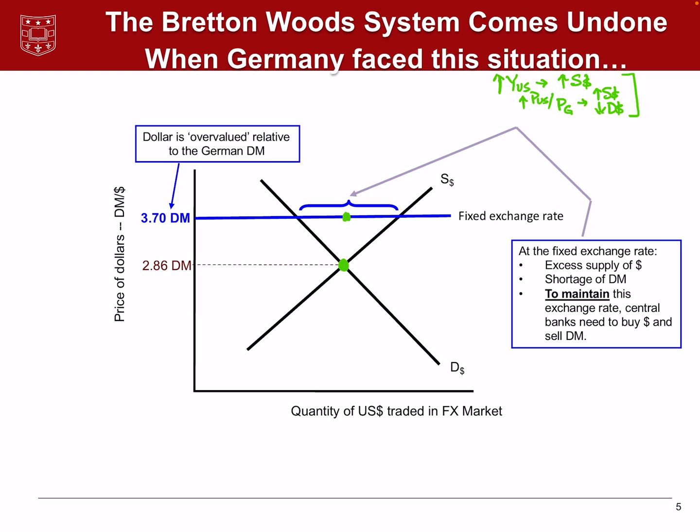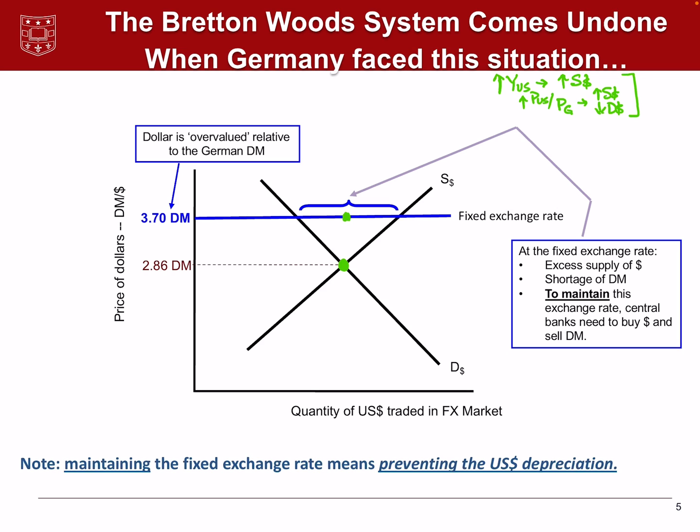And again, to repeat what we saw in previous notes, what do we mean by that? What does overvalued mean? Overvalued means we have an excess supply of dollars at that fixed exchange rate. And conversely, if we have too many dollars in circulation, it's relative to what? Well, relative to Deutschmark. So there's a relative shortage of Deutschmark. And if we scratch our heads and think about it a little bit, we recognize that if we need to maintain this fixed exchange rate, we need to resolve this imbalance.